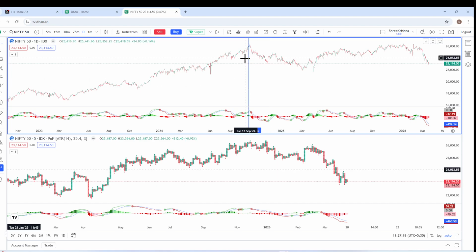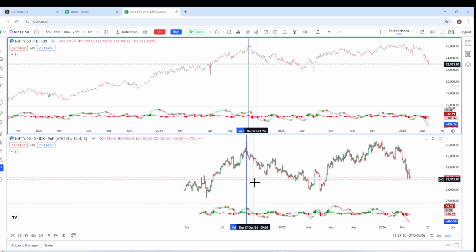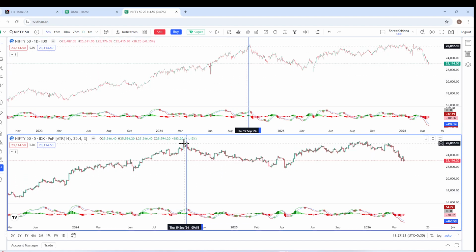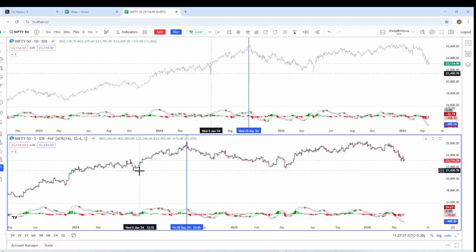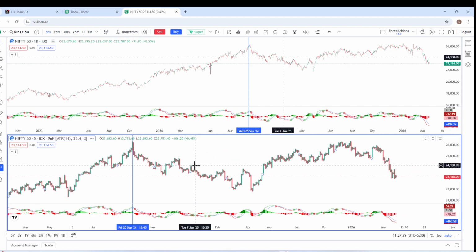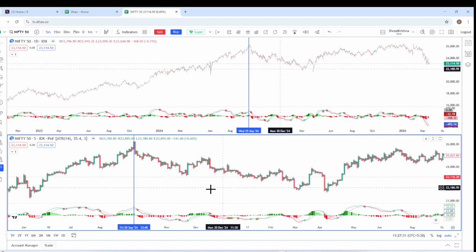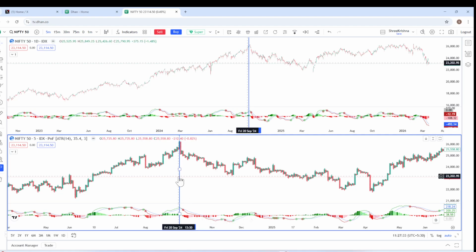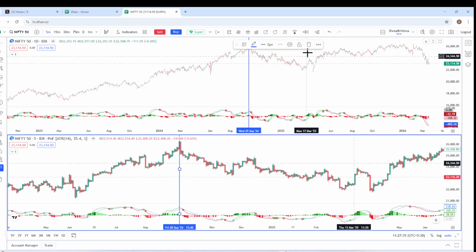We already have a divergence here, and the price has made a bearish engulfing. Even in point and figure, it made a bearish engulfing.